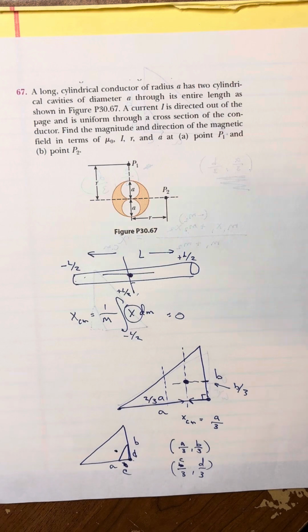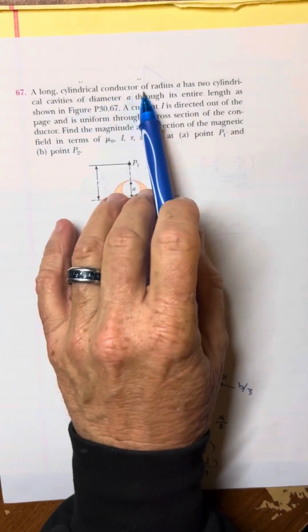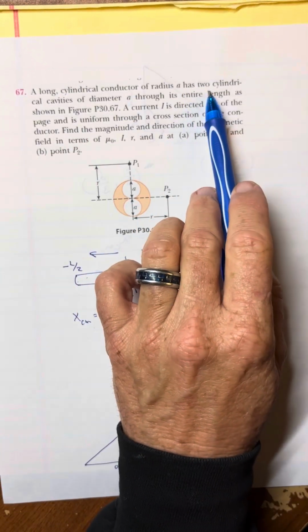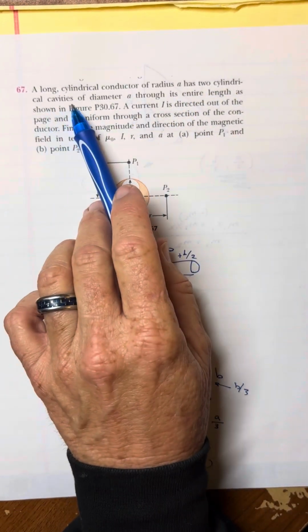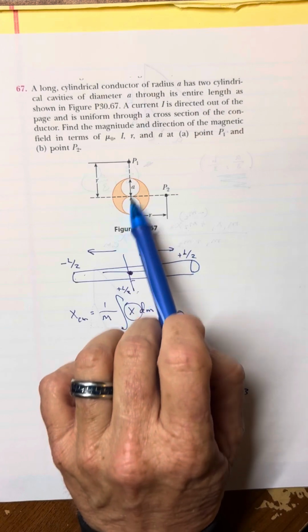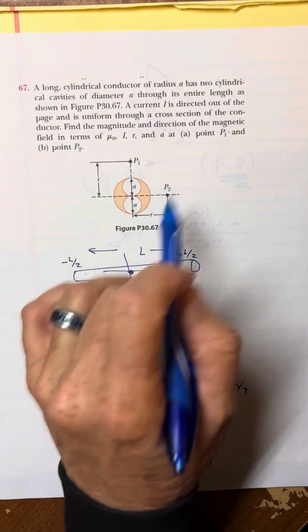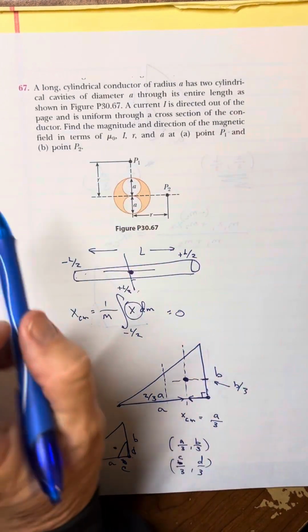67. A long cylindrical conductor of radius A, so this is this big one, has 2 small cylinder cavities of diameter A through the entire length as shown. Okay, so they just show a cross section, but it's a real long wire.